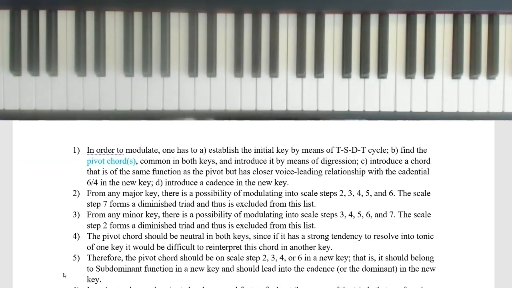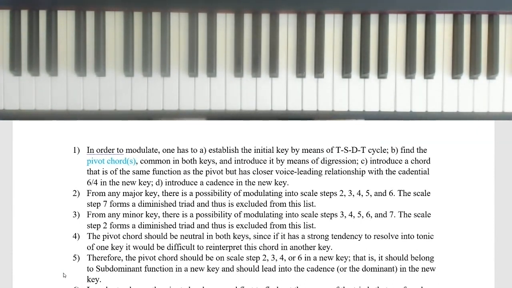So I suggest that you implement your modulation into a progression in a period form or in sentence form, into your template, in other words. So one way or another, it has to be established by the TSGT cycle, maybe once or twice.